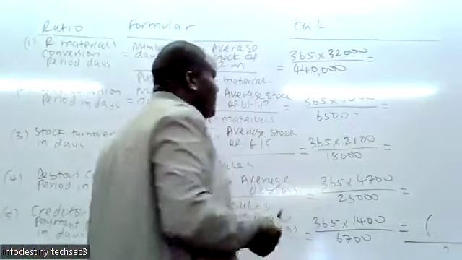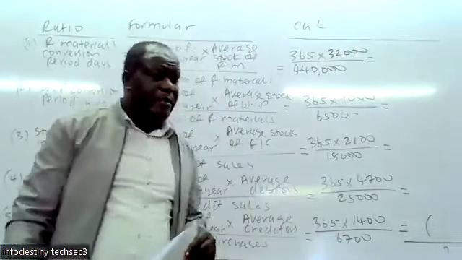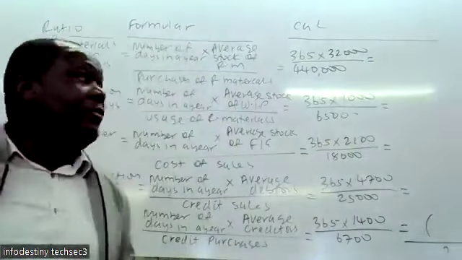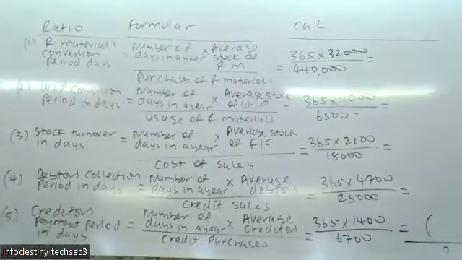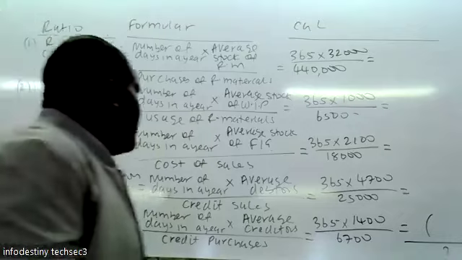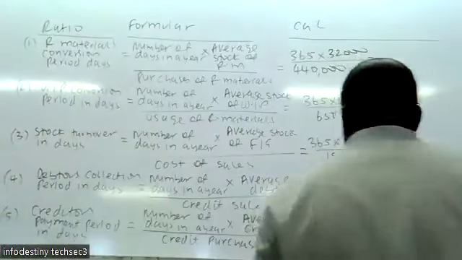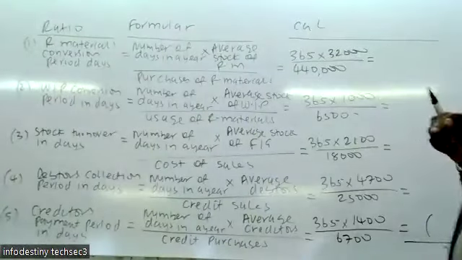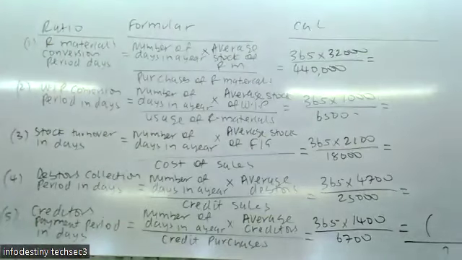So that should be able to give you the information to do with the work in progress conversion period in days. So we come to the work in progress. So average stock for the work in progress, they gave us 35,000.